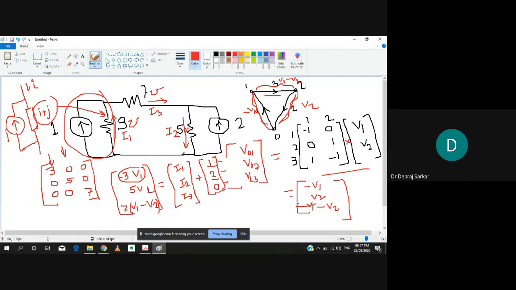What is the J in that? 1. Second element is basically this. What is the J in that? 2. But the third element, or the link, has no current source. So the current source here is 0. It is only I3. Till now clear?